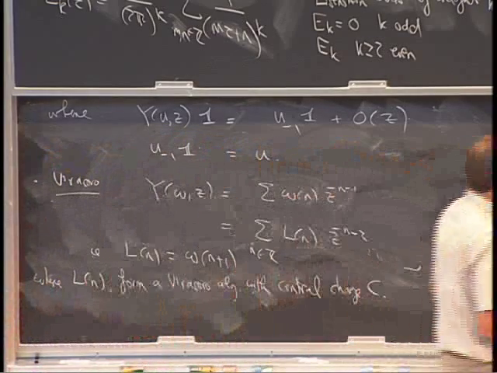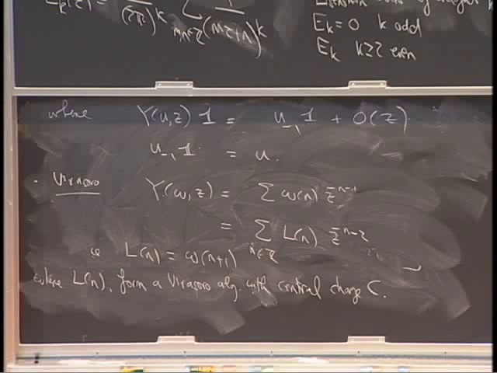There's also, associated with the Virasoro structure, L minus 1, which generates translations, and L0, which describes the grading of the vector space. So just to remind you of these facts.